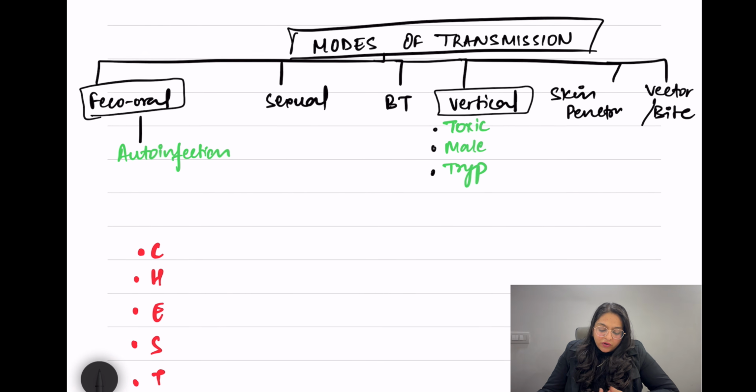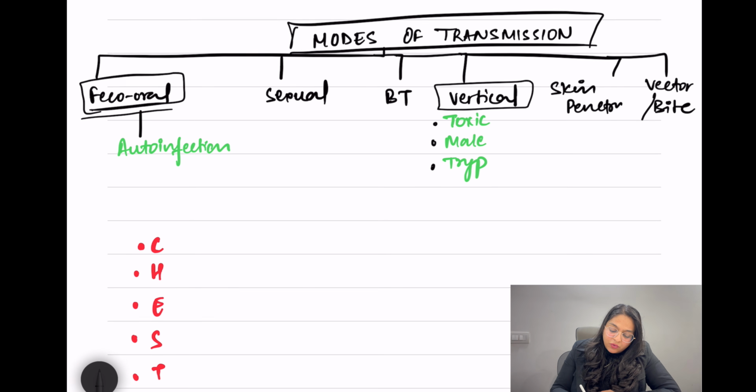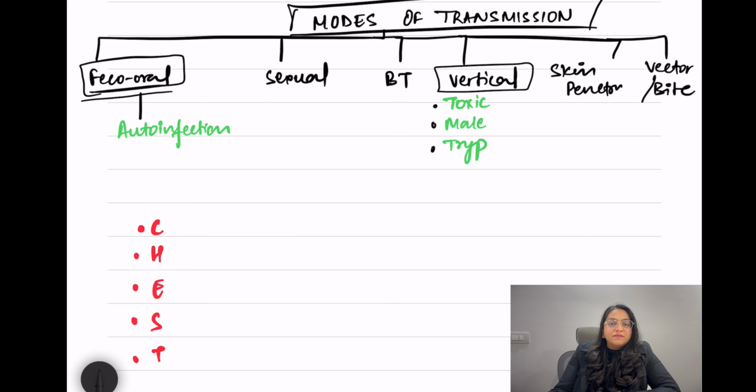So a very common mode of transmission is feco-oral. We all know how we get parasitic infections through the feco-oral route, right? Now whenever I say the word feco-oral, I want you to remember auto-infection. What is auto-infection? Automatic infection. That is, the infection is not happening through an external source. You are a healthy person, you get infected once.